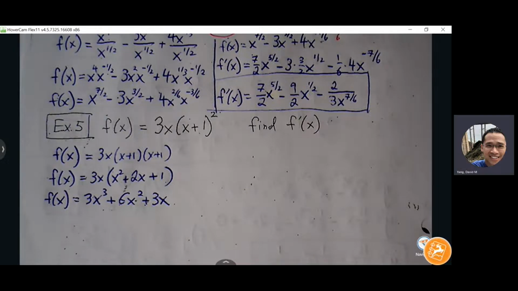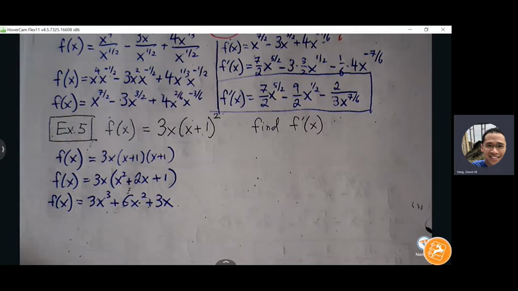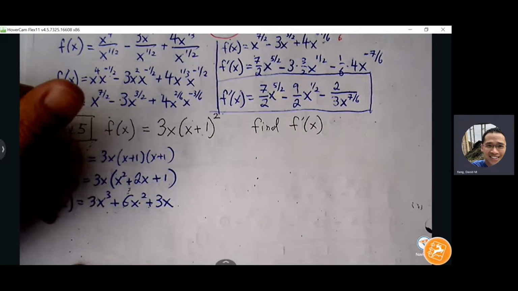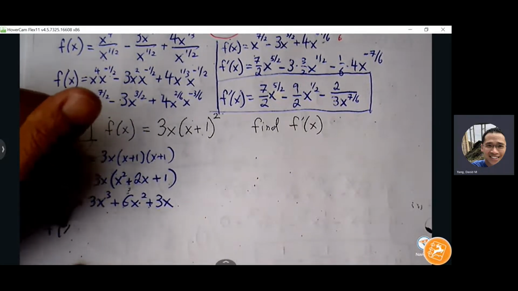So now it's nice and clean, right? No parentheses, no radicals, no variable exponent, no variable in the denominator. So now we can hand it over to power rule to finish it off.